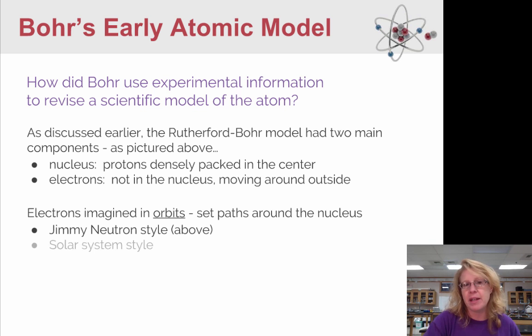Later on, they modified it a little bit and made it look more like a solar system, like each electron was moving in a nice, neat little circle around the sun, the nucleus at the center of the atom. In any case, this was the standing idea for what the model of the atom looked like when Bohr and Rutherford were doing their work.